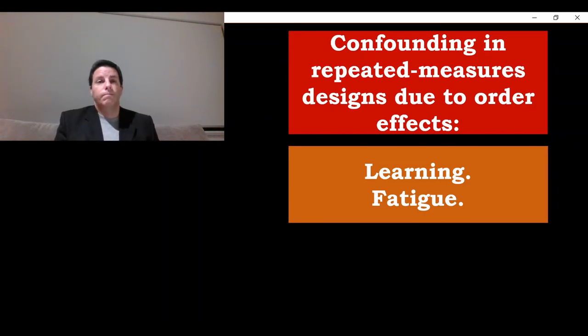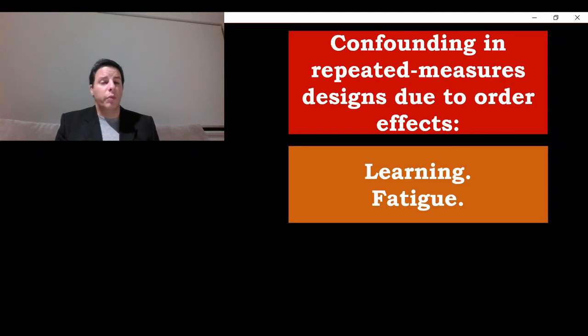So that's a problem. And before I explain why, I explain the other, which goes in the opposite direction, which is fatigue. The person who was exposed to a measurement gets tired after performing that measurement, and then by the time of performing the second measurement, the performance decreases due to being tired.